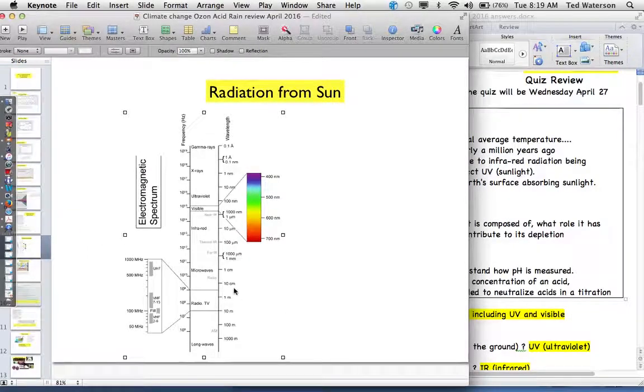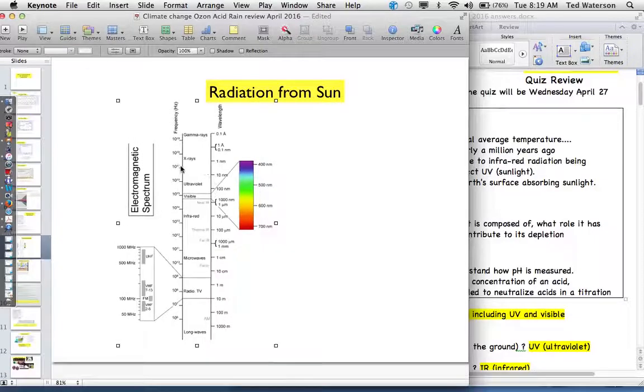That's fair for our purposes. A lot of times we think ultraviolet is just sunlight, but really the sun has visible light. There's X-rays, gamma rays, infrared. This whole spectrum, you could argue, is being emitted by the stars, emitted by our sun. This whole spectrum of radiation gets to Earth.